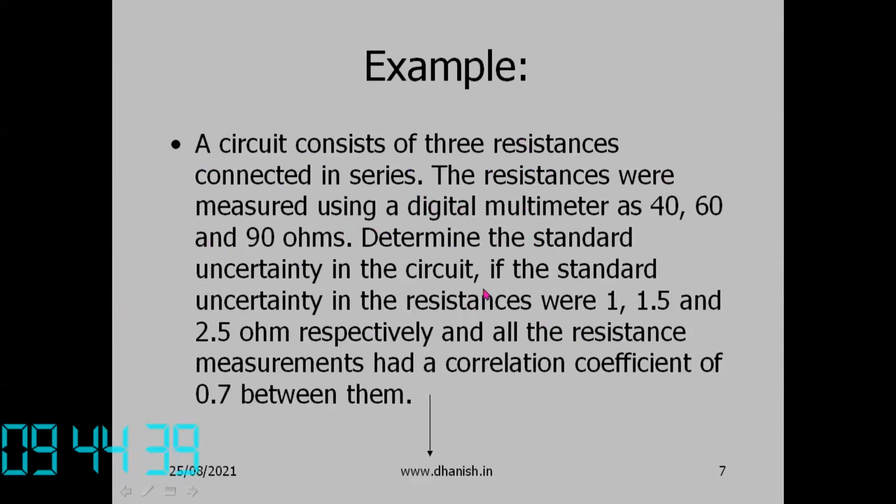Determine the standard uncertainty in the circuit if the standard uncertainty in the resistances were 1, 1.5 and 2.5 ohm respectively, and all the resistance measurements had a correlation coefficient of 0.7 between them. So if you are measuring the resistance with the same multimeter, if there is an error in the multimeter, all the values will be either plus or minus. There is some correlation between all the readings. So what will be the combined standard uncertainty?